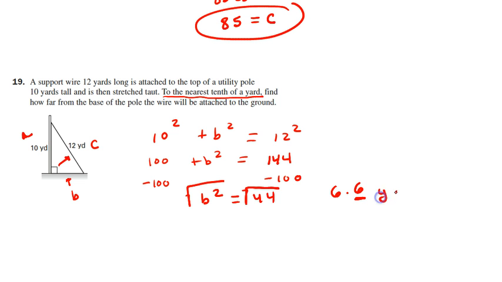So it's 6.6 yards would be the measure. And again, this is what we consider an approximation because I rounded it. So B is about 6.6 yards. And that would be my answer.